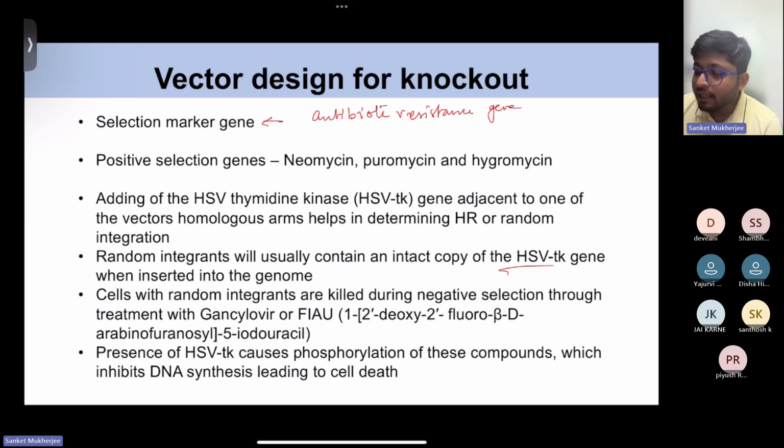Cells with random integrants are killed during negative selection through treatment with ganciclovir or FIAU. Presence of thymidine kinase causes phosphorylation of these compounds, which inhibits DNA synthesis and leads to cell death.